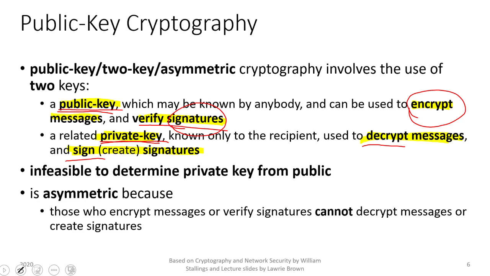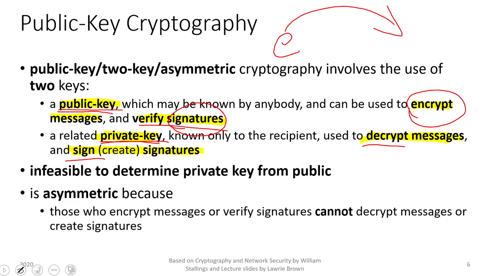Again, we will look at digital signatures in a bit more detail in a later lesson, but one of the main things here is people who need to send you something need to encrypt.